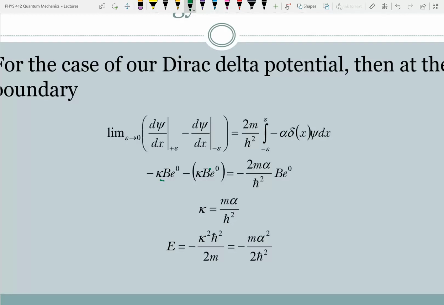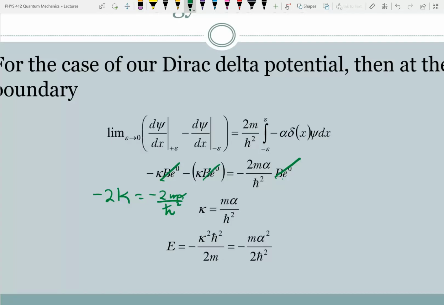So I can divide out b e to the 0 from every term. And this is minus 2 kappa equals minus 2m alpha over h bar squared.